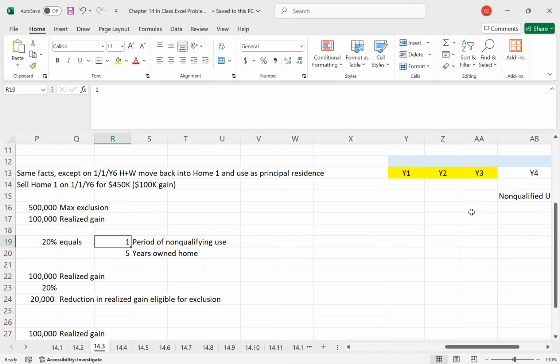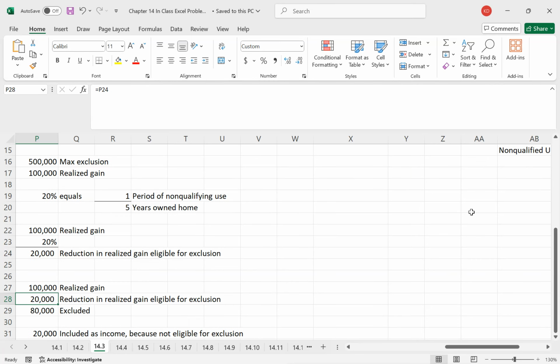So what we do here is, hey, 1 of the 5 years was non-qualifying use, 20%. We have a $100,000 realized gain when we run the math on that. 20% of that, or $20,000, we do not get the exclusion for, right? So in other words, of the $100,000 gain, $20,000 is going to be included in income, i.e. we do not get the exclusion for it.